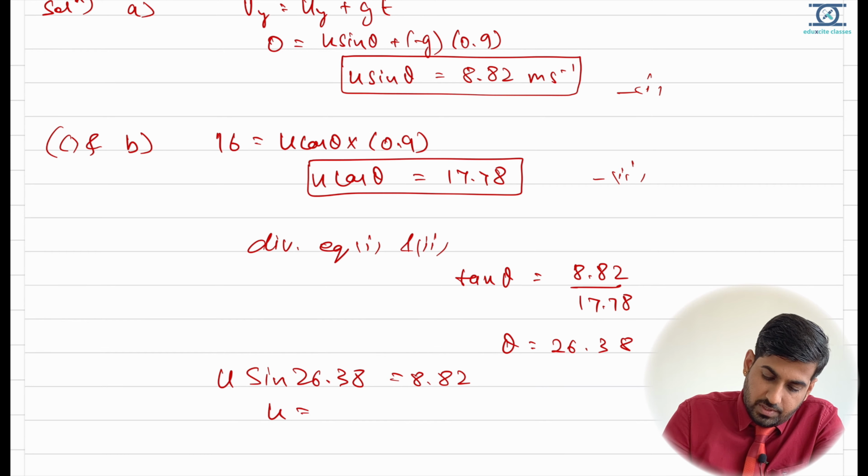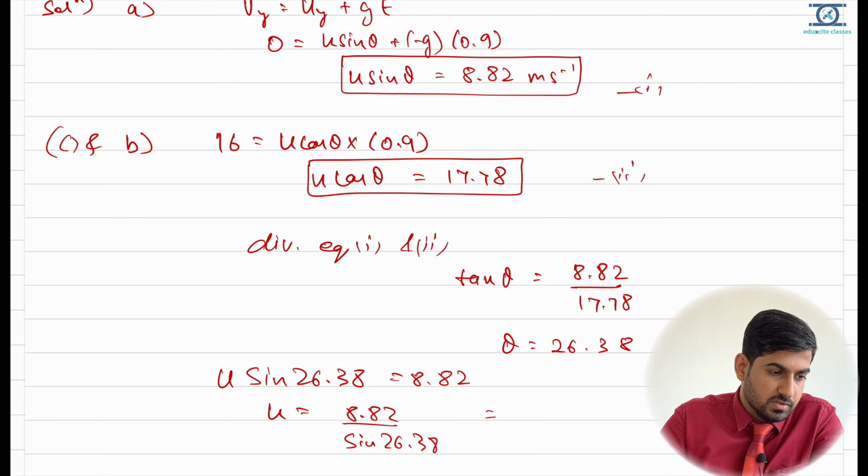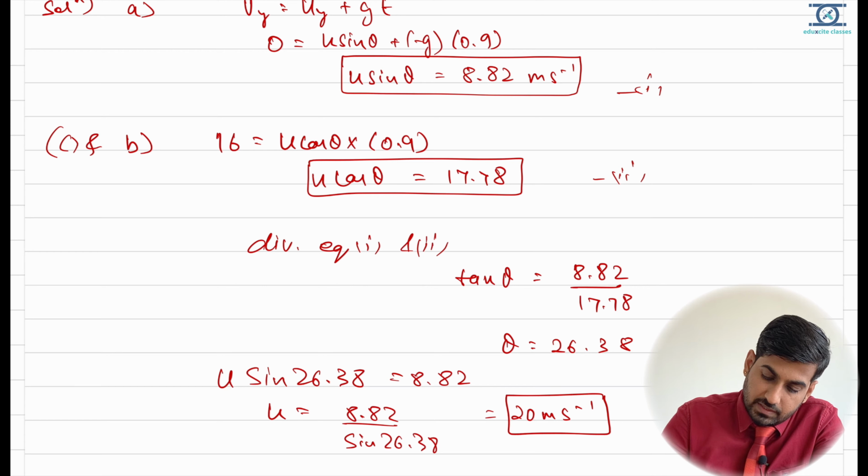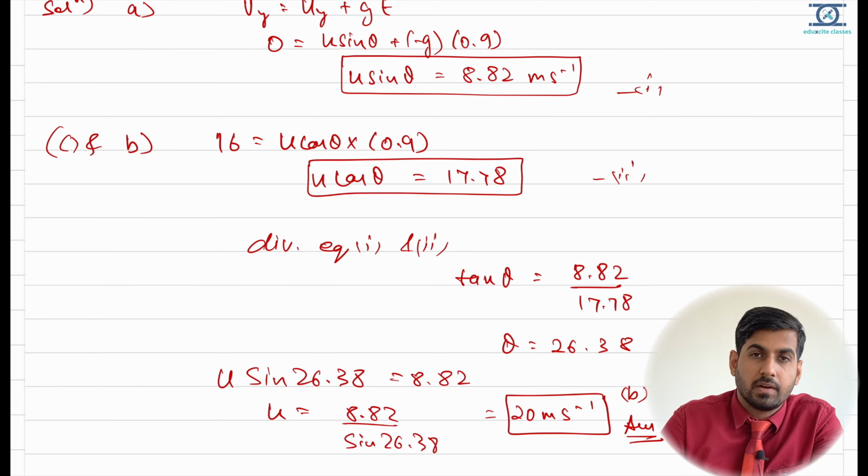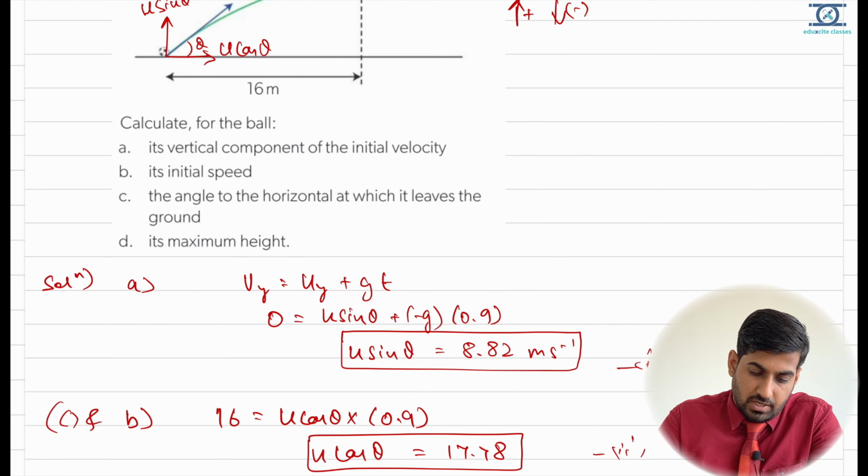So u will be 8.82 over sin of 26.38, which will give you something around, I have already done the calculation, it will be something around 20 meter per second. Yes. So this is your answer for the C part. This is your answer for the B part. Okay. Do not get confused.